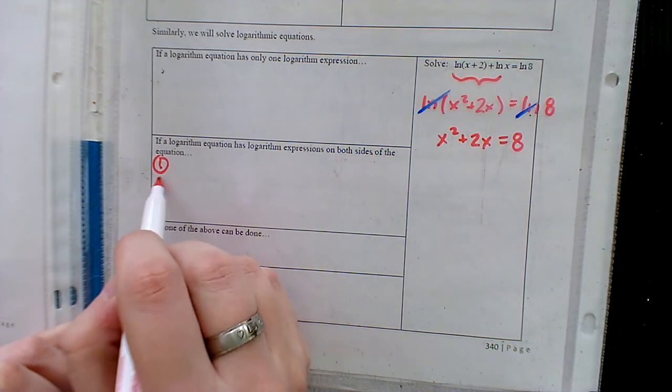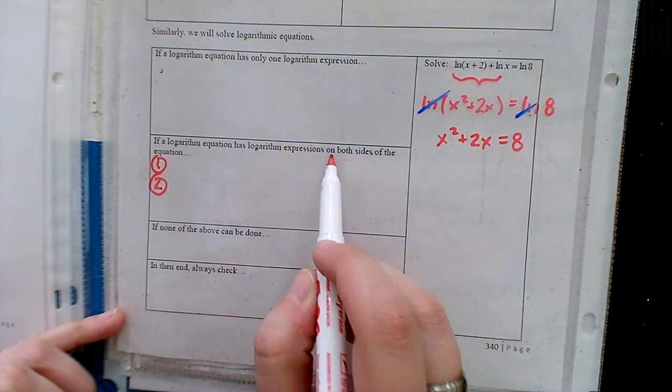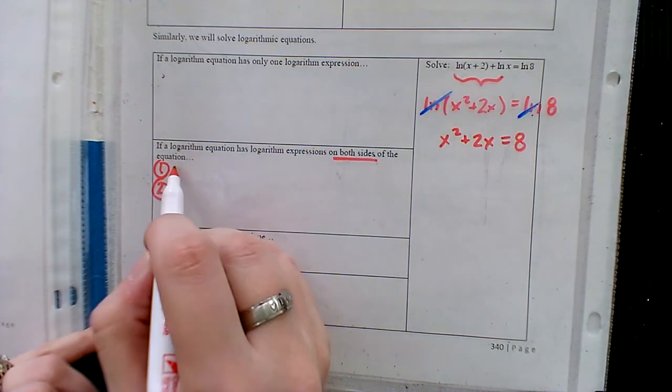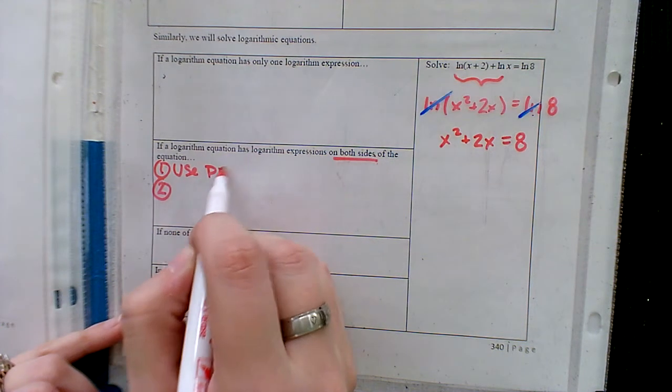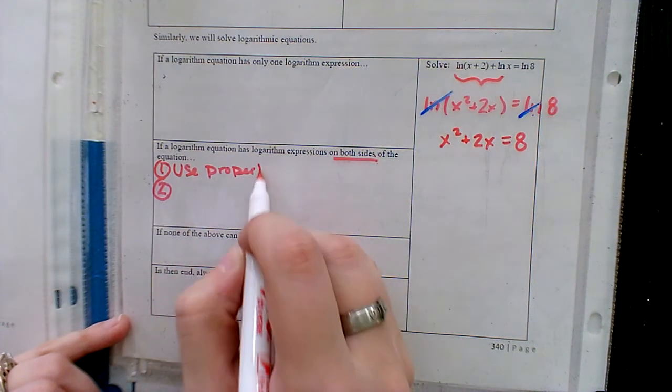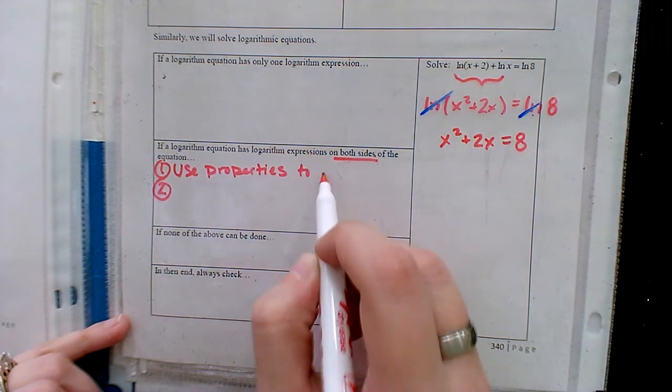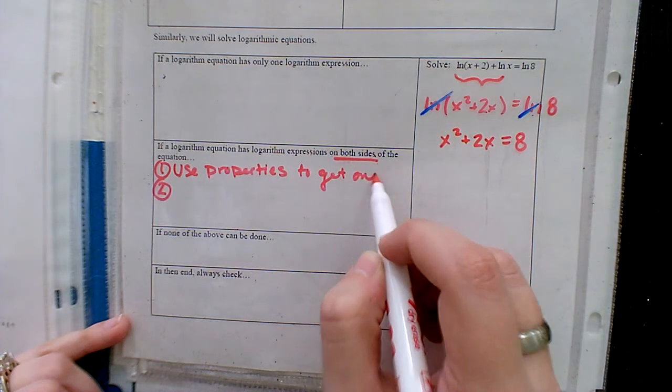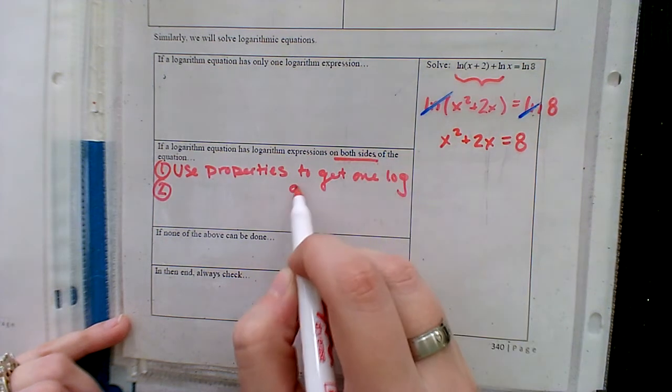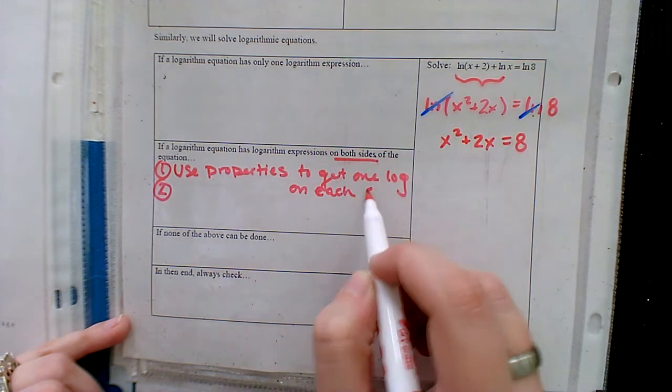All right, so for my procedural people, maybe we'll write down kind of the steps that we've done so far. So if you have logs on both sides, we want to go ahead and use the properties to get one log on each side.